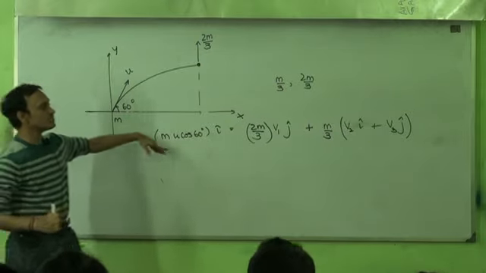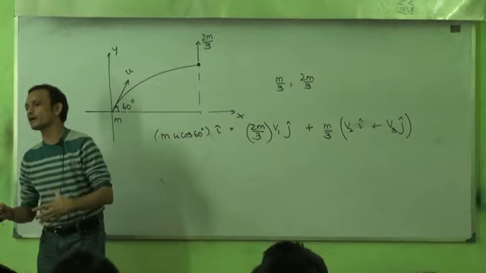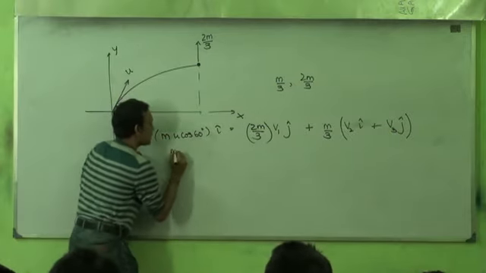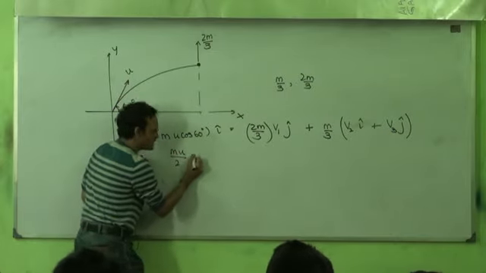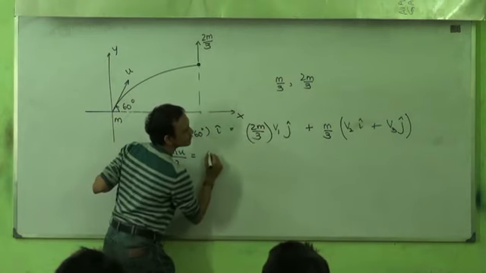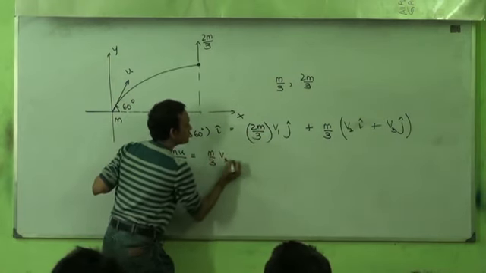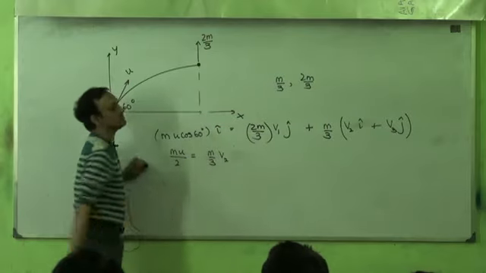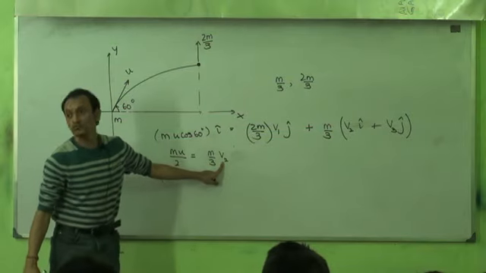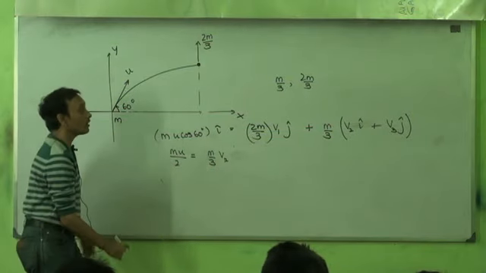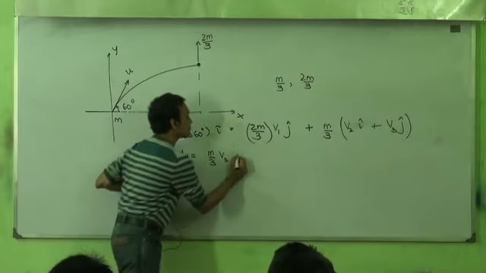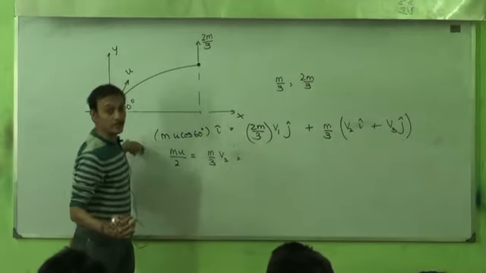Needless to say, if these two vectors are equal, their x and y components must be equal, right? So the x component on the left hand side is mu by 2, and the x component on the right hand side is m by 3 v2. So v2 is known to me. Yes or no? Now, as far as v1 and v3 are concerned, in the j direction, the left hand side is 0.